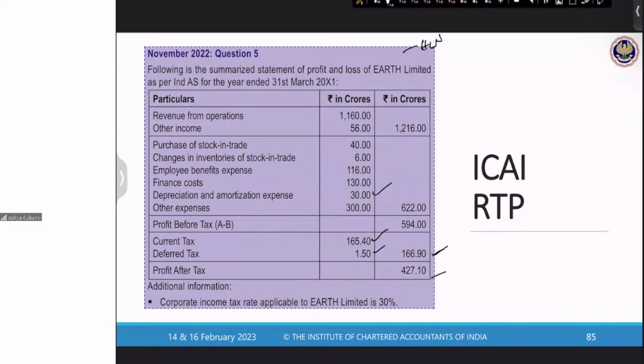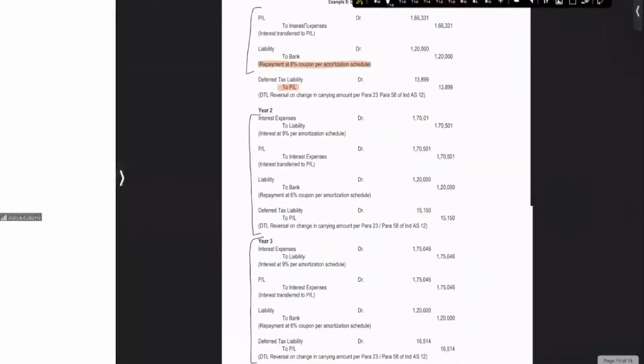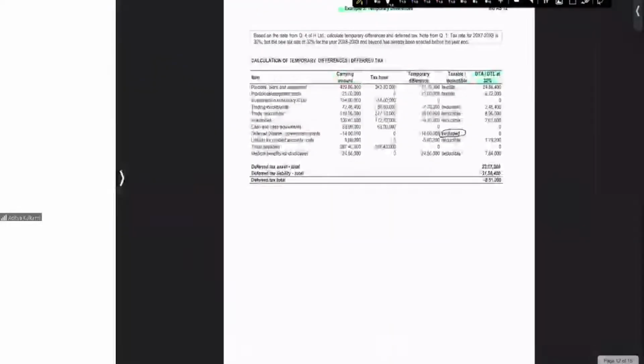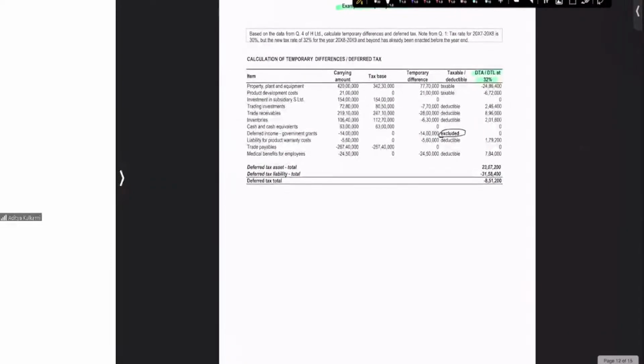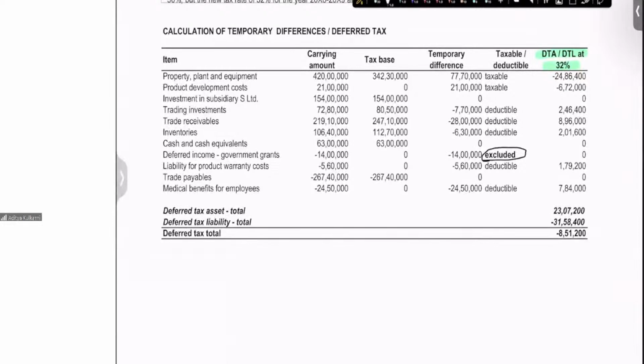Okay, so now that takes care of all your standard as a whole. What I want you to do is, out of curiosity, I am just asking you, we had done this question, right?